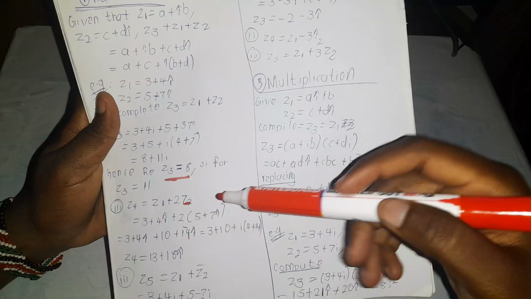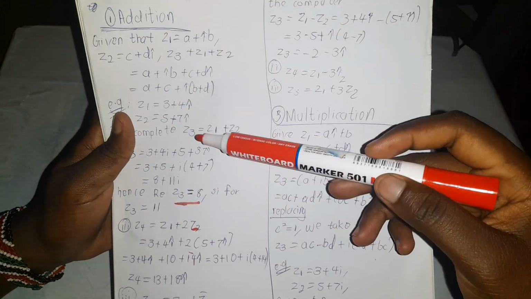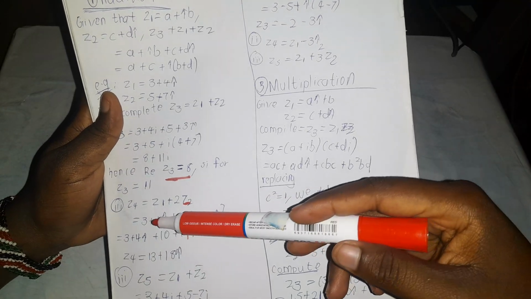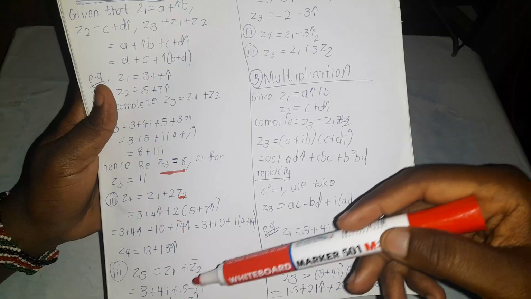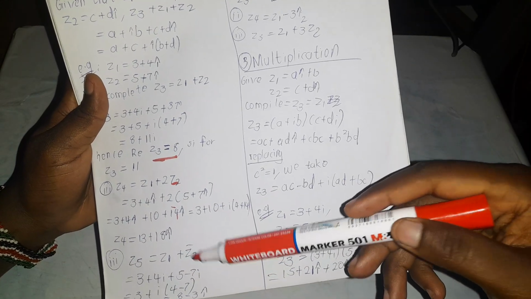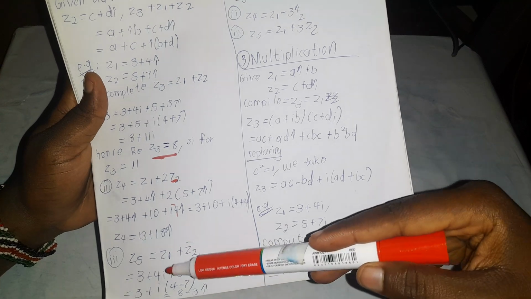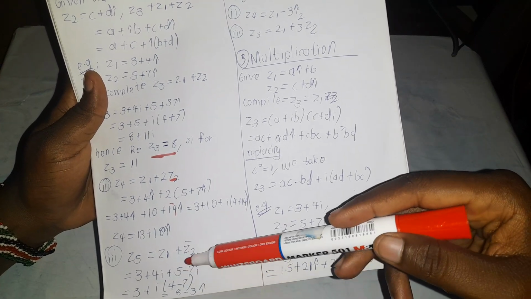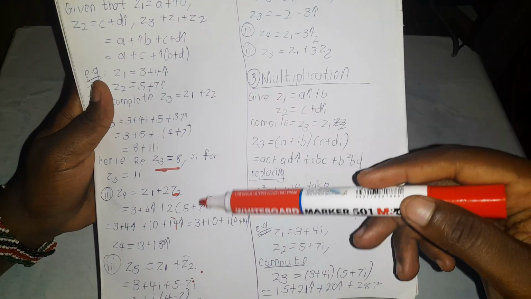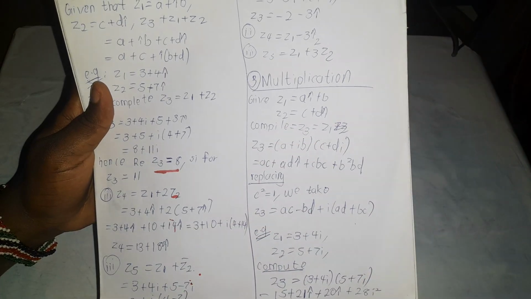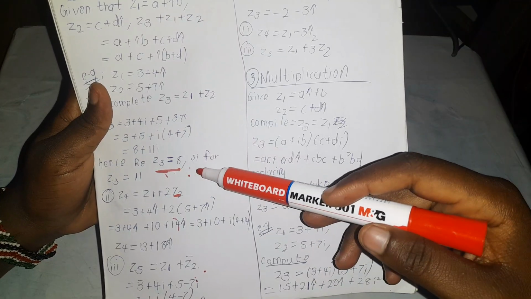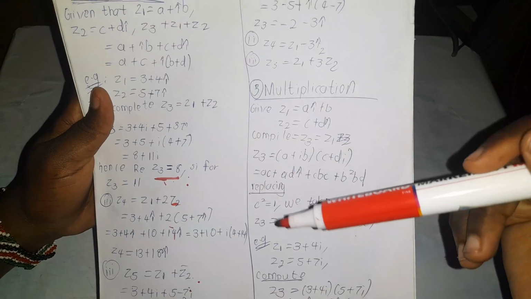So it can be 2 multiplied by Z2, 5 plus 7i, and Z1 is that, and then Z5 is equal to Z1 plus Z2. Yeah, it's basically the same. Hence, the real part is equal to Z3.